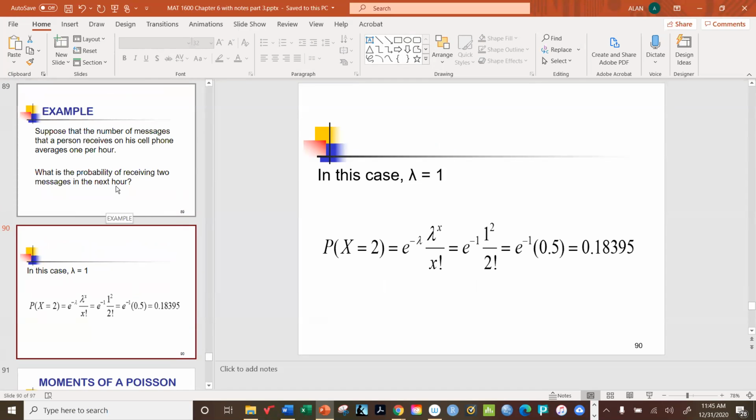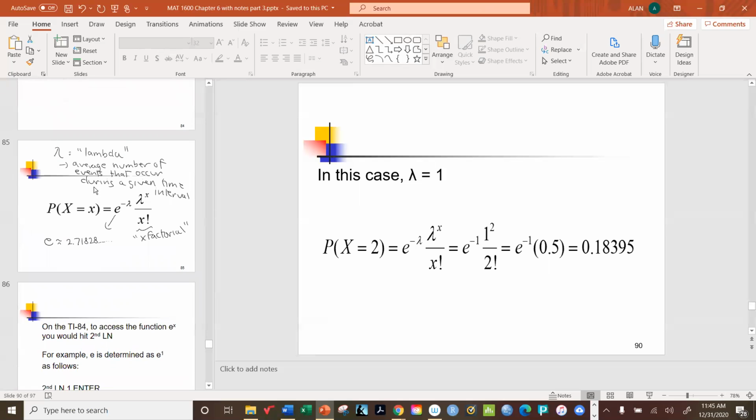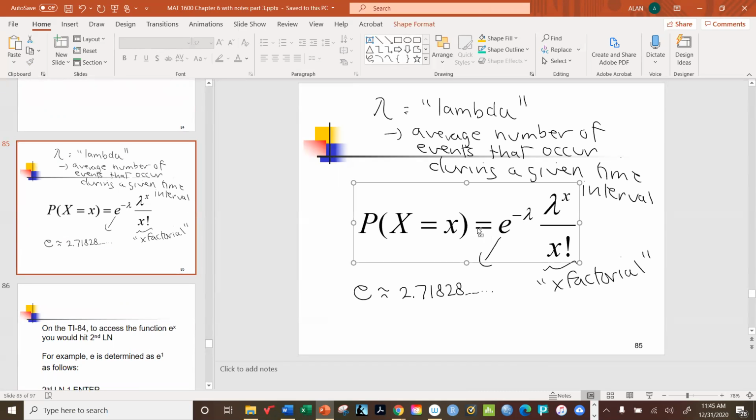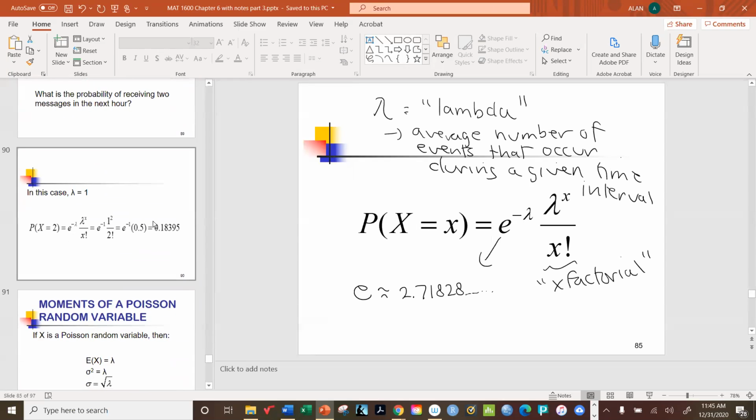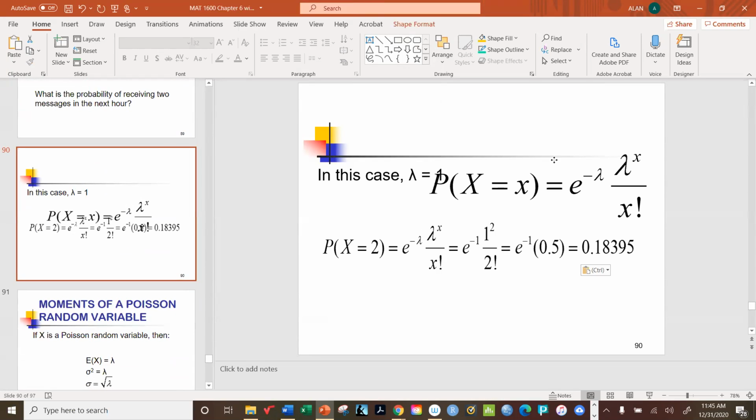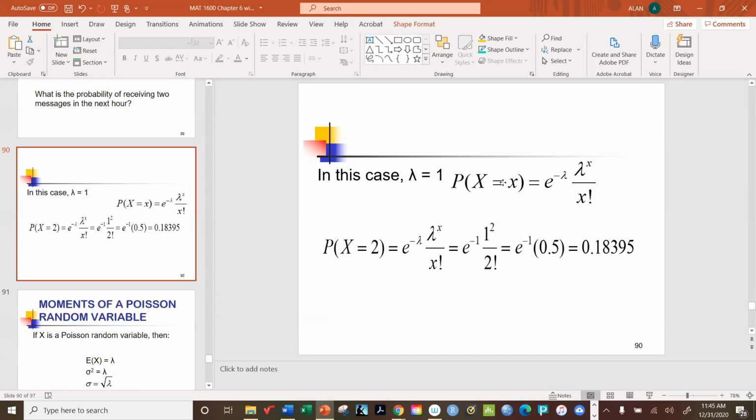The lowercase x is 2, because we're trying to figure out the probability of getting 2 phone calls. So when you plug in all these numbers, you can see now e to the minus 1 is multiplied by, now lambda is 1, so that's 1 to the second power divided by 2 factorial. 2 factorial, as you recall, is 2.